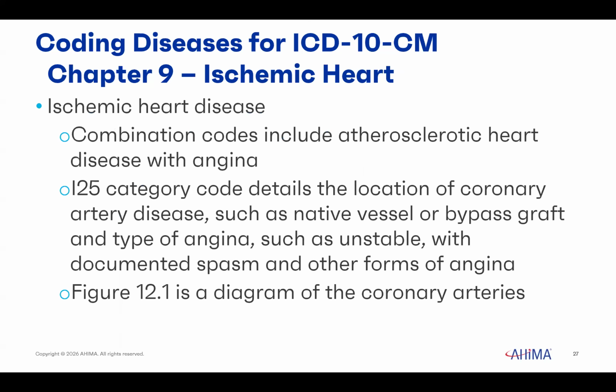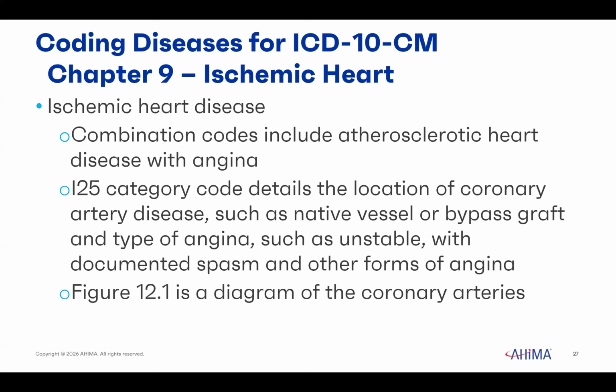Ischemic heart disease has combination codes. And basically, it means that the heart isn't getting enough blood. The codes show where the problem is, right? So these are codes that include both the atherosclerotic heart disease with angina and gets into the I25 codes.